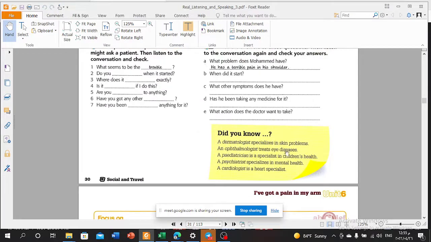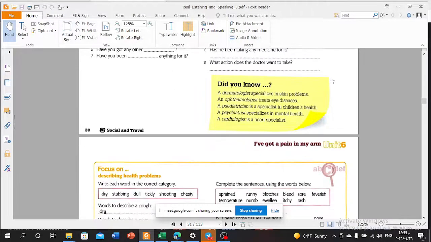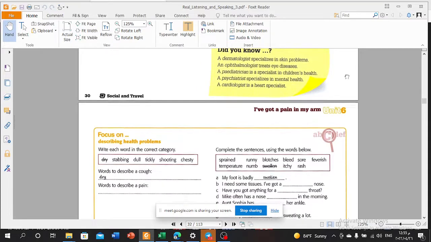So you should know these expressions. You should know each one of them, what each one of them refers to. Okay, so this is also an important section of this unit.